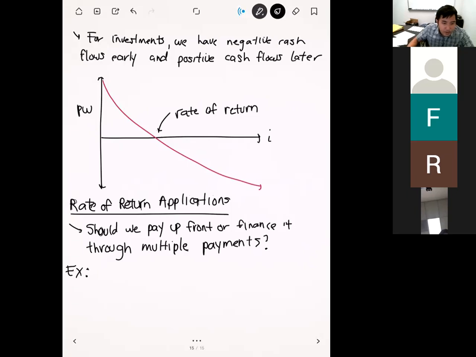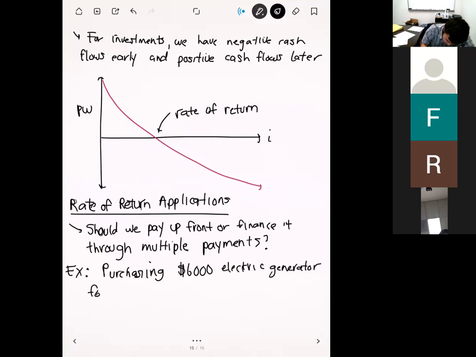Let's say that you're considering the purchase of a $6,000 electric generator for your home. $6,000 is the sticker price.